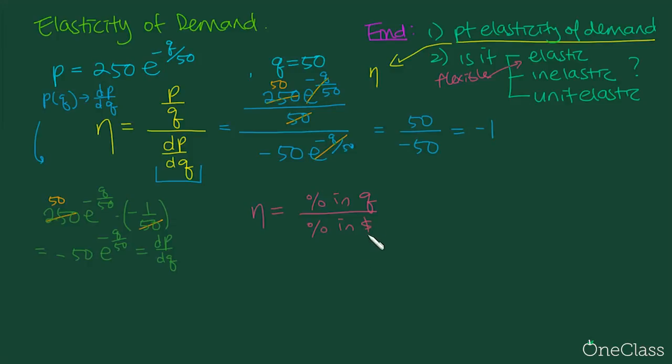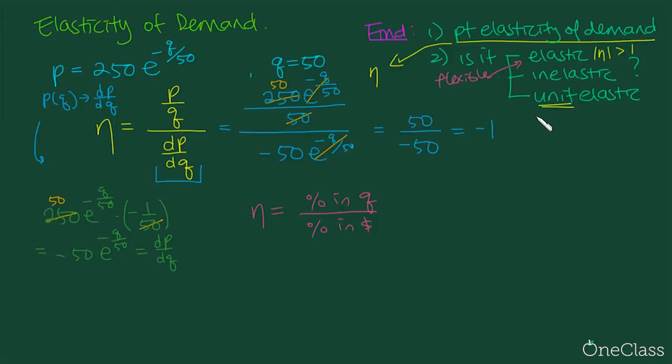For every dollar of change, if quantity is changing a lot, that means this particular product is very sensitive to the price, and so this will be elastic. In this case, the absolute value of eta will be greater than 1.